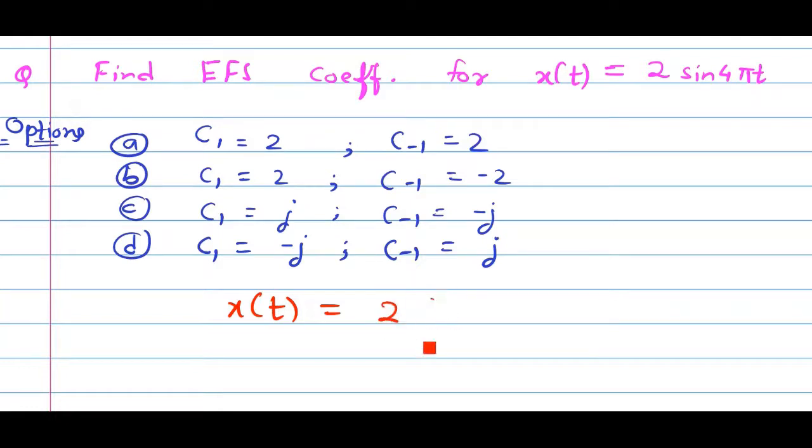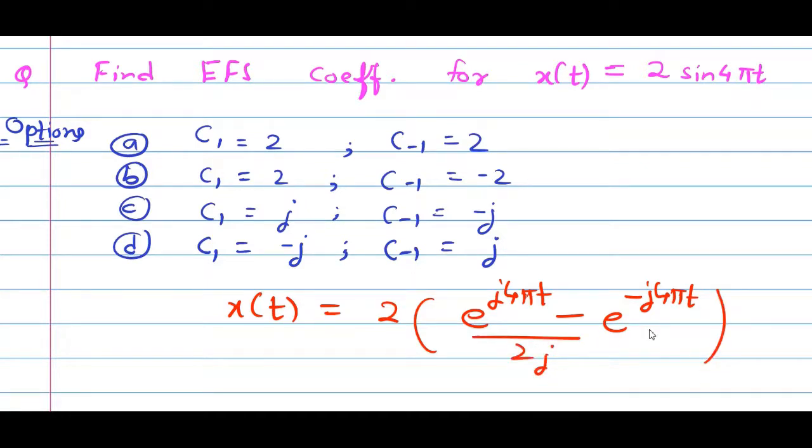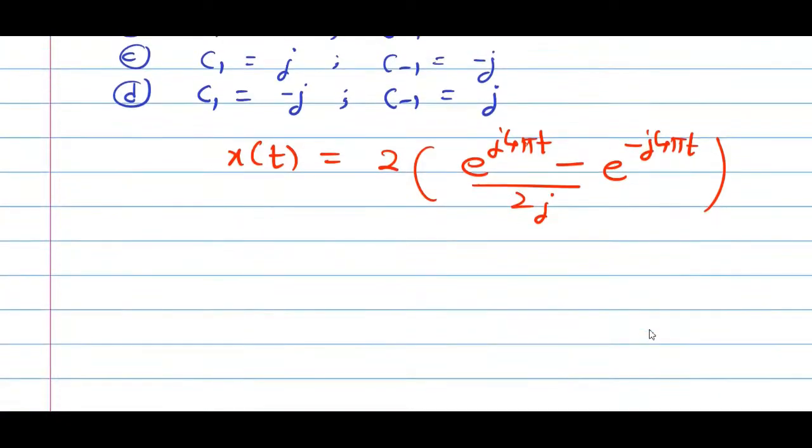So it becomes 2 times e raised to power j 4 pi t minus e raised to power minus j 4 pi t divided by 2j. So the 2 cancels, and it becomes 1 by j e raised to power j 4 pi t minus 1 by j e raised to power minus j 4 pi t.